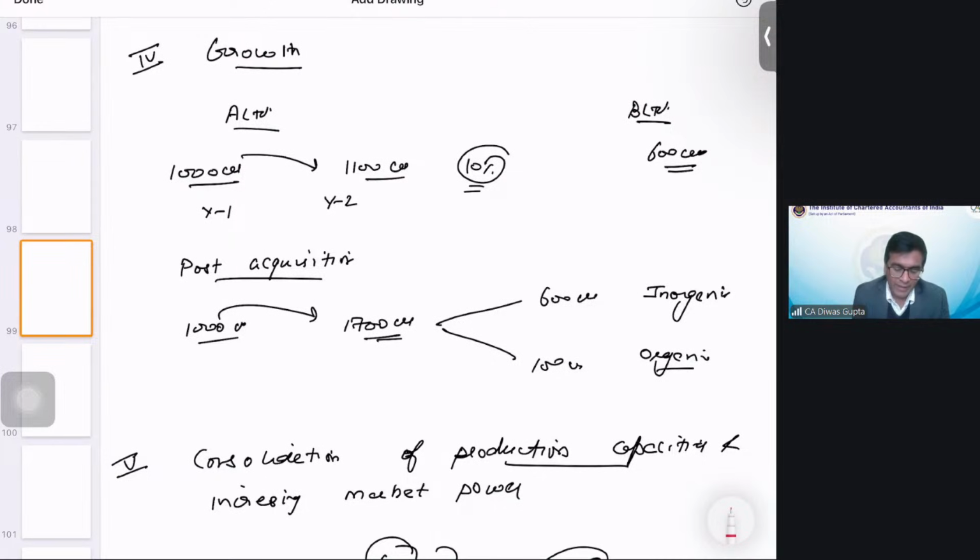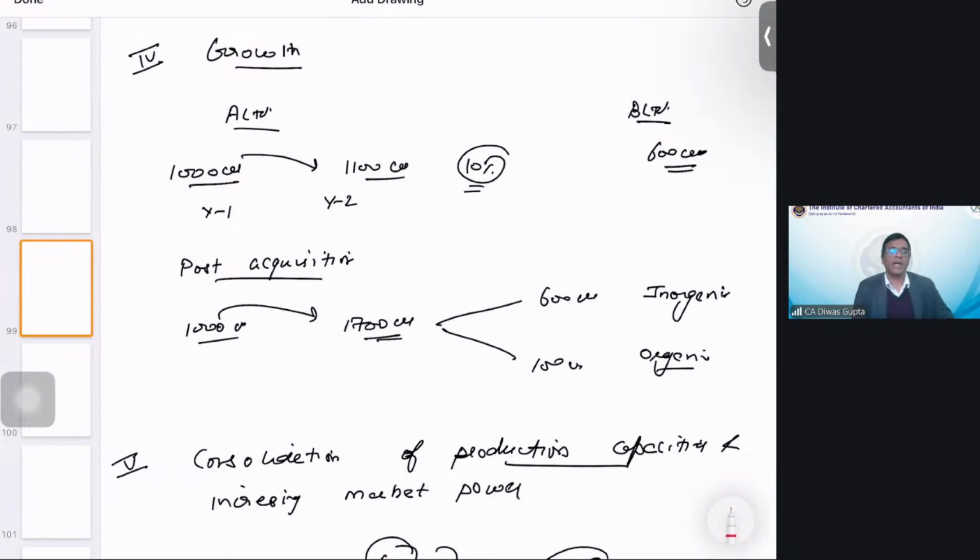For example, A Limited, in year one, had 1,000 crore turnover or profit, whatever you want to say. In the next year, it became 1,100. So there is a 10% growth, which is organic growth. But there is a company called B Limited, which also has 600 crore of turnover.